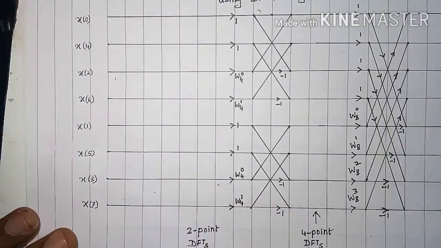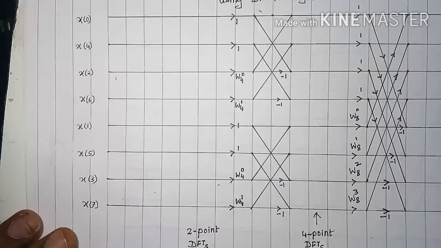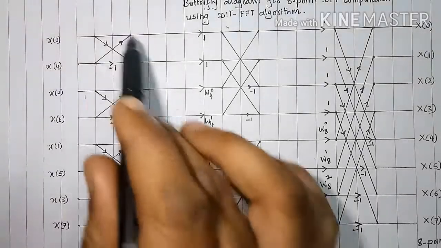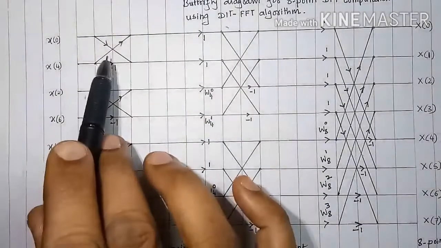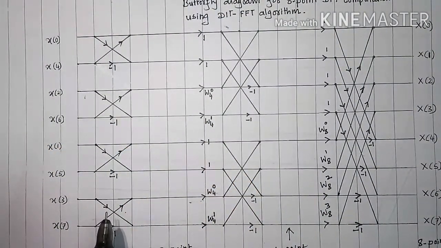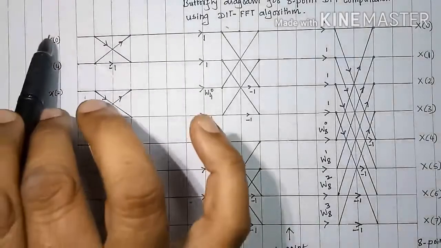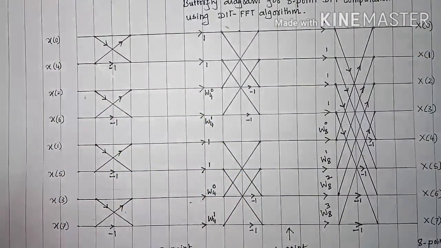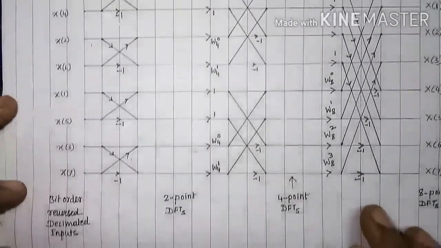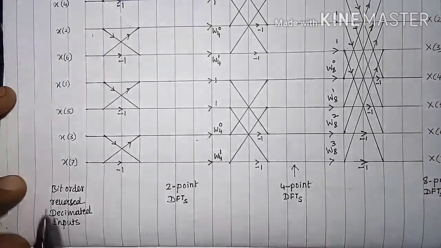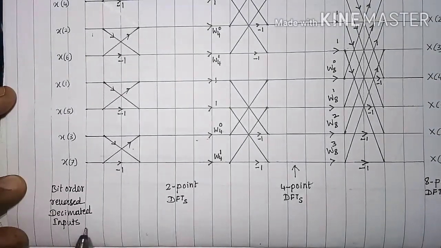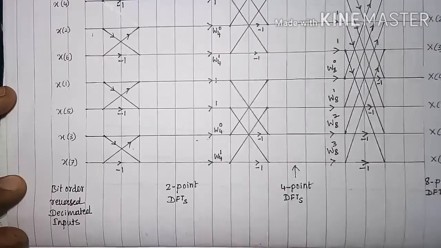Now I will show you the butterfly diagram used for computation of 2-point DFTs. Now you can see here the butterfly diagram used for computation of 2-point DFTs using the bit order reversed input samples that I have written here. Bit order reversed decimated inputs and here 2-point DFTs.